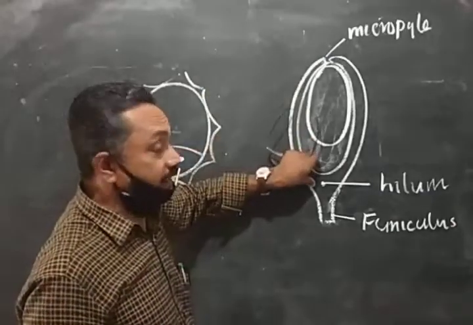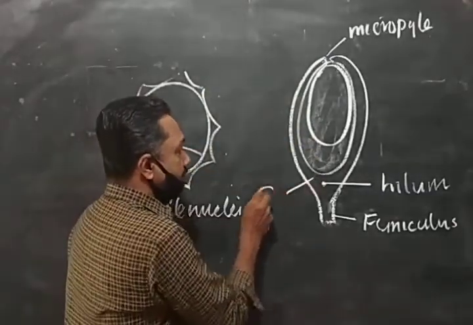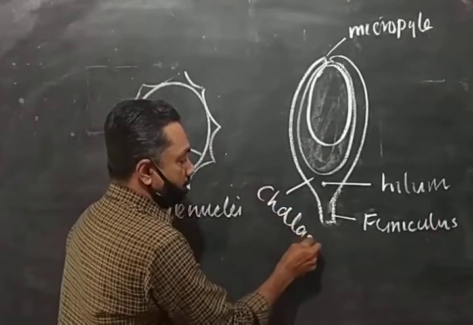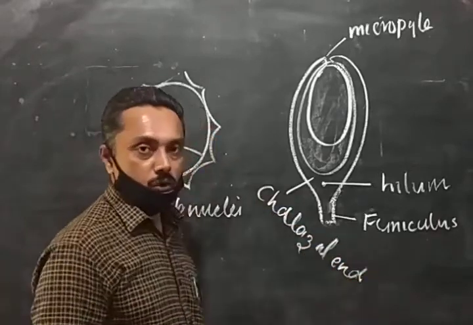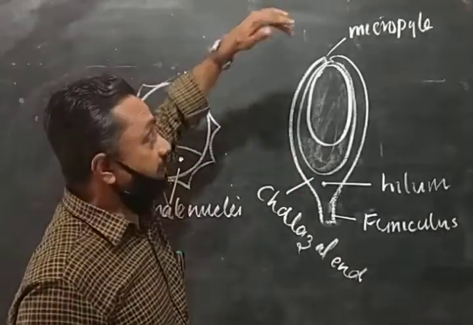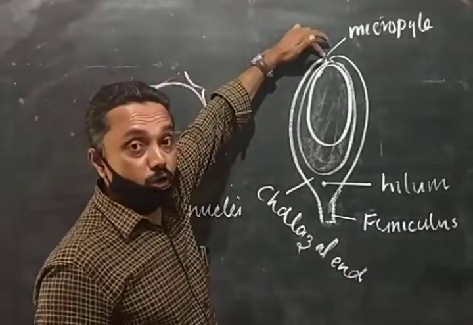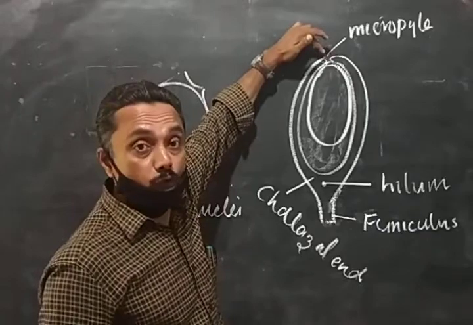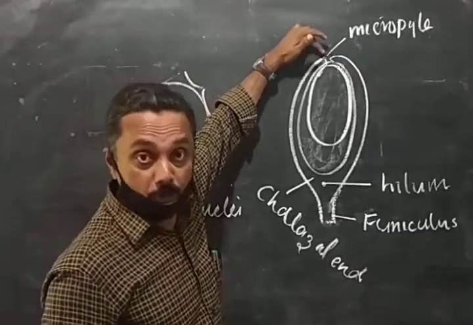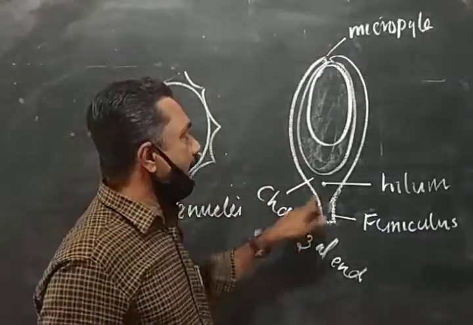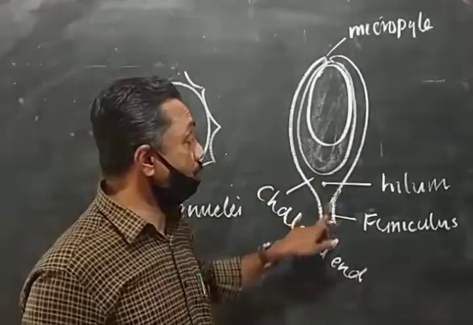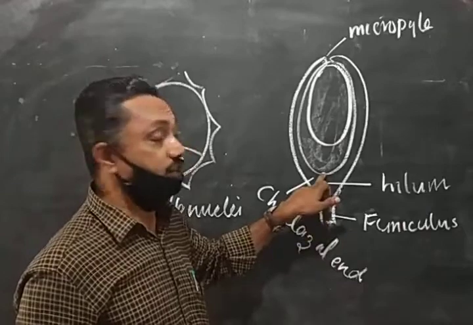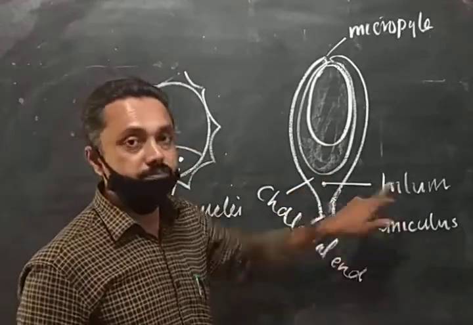The opposite end is called the chalazal end. So the opening is called micropyle, this end of the ovule with the micropyle is called the micropylar end, and the opposite side is called the chalazal end. And the point where the funiculus joins the ovule is called hilum.